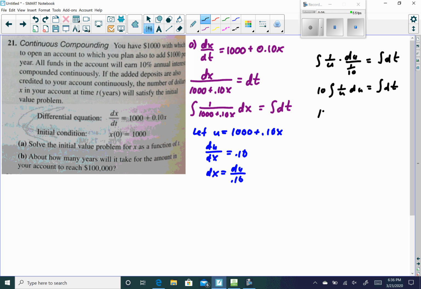So then this becomes 10 times the natural log of u. Now we're dealing with money, so everything's going to be positive here. So we'll just keep this, put our constant, and then it's going to equal t plus our second constant. So 10 times the natural log, we could bring back in what u is equaling here, and this is 1,000 plus 0.10x. We'll just say plus c, all of this will equal t.